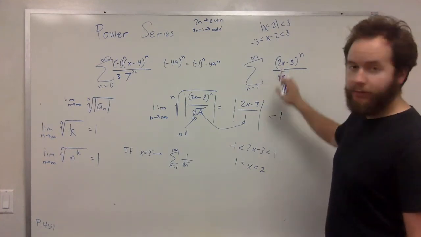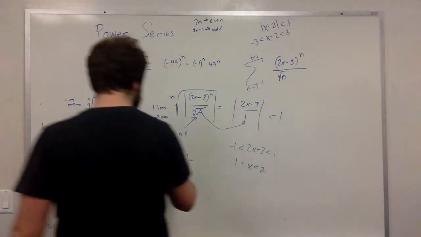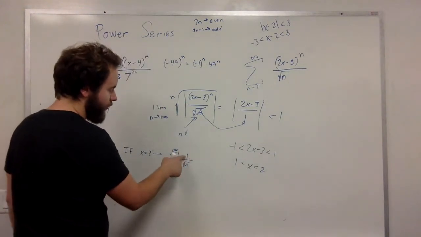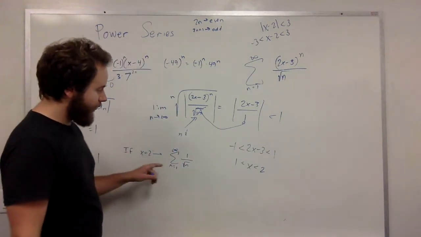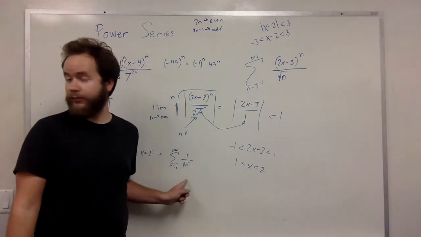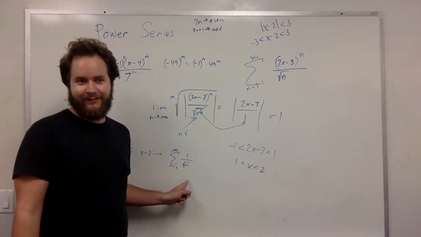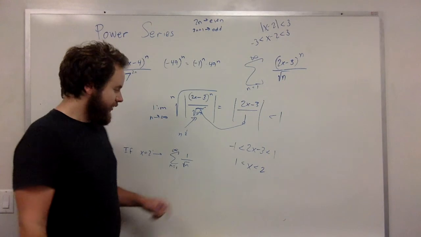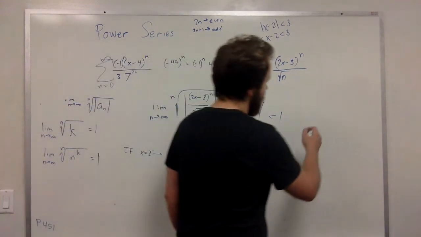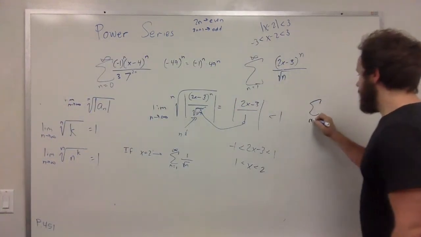If x equals 2, we plug 2 in for x here. We get 1 to the n, which is just 1, over square root of n. Now, here's where I want to ask you guys, what does this series do? It diverges. Diverges by p-test, so I might have to harken back to Cal 2 for a bit.